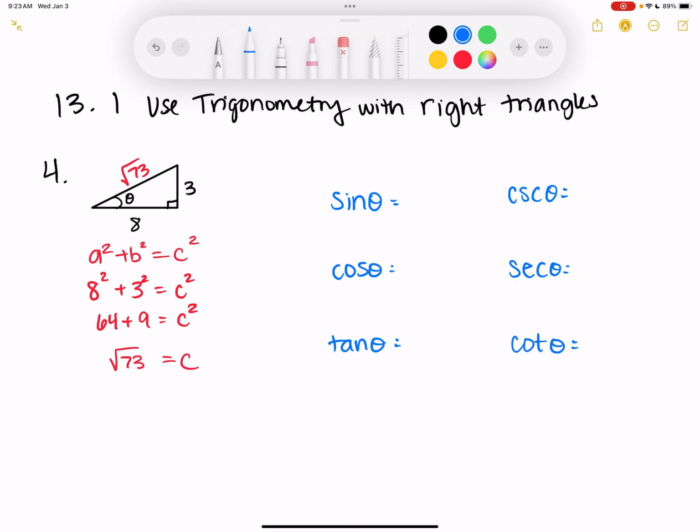So sine is opposite over hypotenuse. So opposite, 3 over the square root of 73. But I cannot have a square root in the denominator, so I'm going to rationalize it by multiplying by the square root of 73 over the square root of 73.